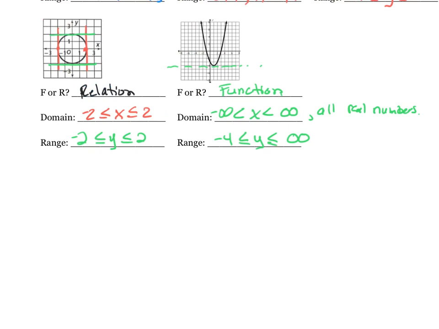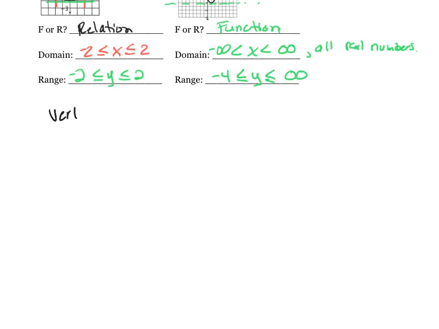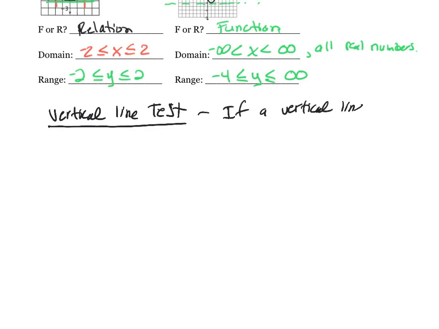One thing I'd like to add to our notes here at the bottom is just give you a definition of the vertical line test, which is a great way to determine if a graph is a function. And basically, the vertical line test says if a vertical line touches a graph in 2 or more places, the graph is not a function.